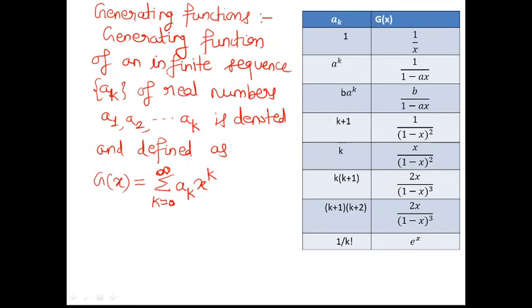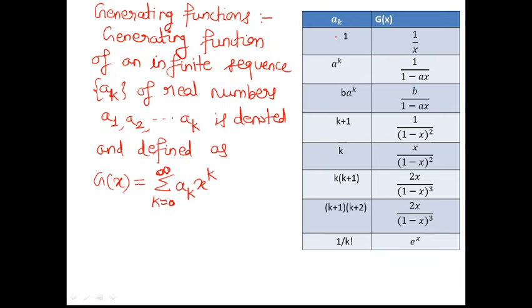The closed form, and how to obtain a generating function for a given function, we'll discuss in the next lecture. Right now we'll concentrate on how to solve a recurrence relation using generating function. For this, one should have the knowledge of the generating functions of some special functions.